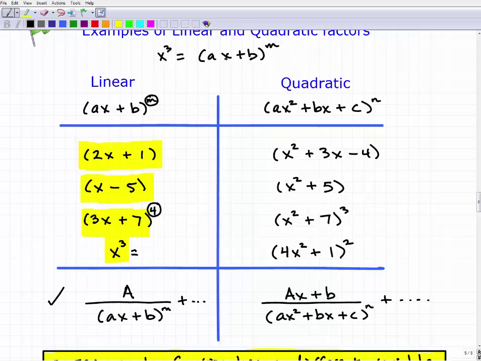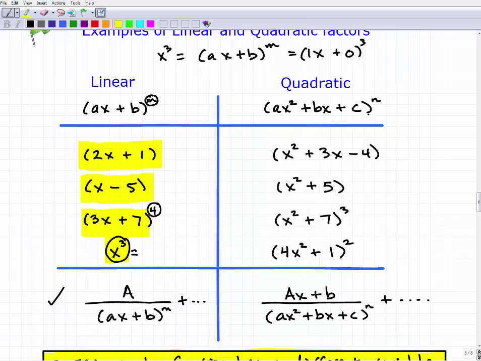So I could write that as (1x plus 0) to the third power, and then basically you'll get your cubic there. Just so you know, this right here is considered a linear factor, all right?